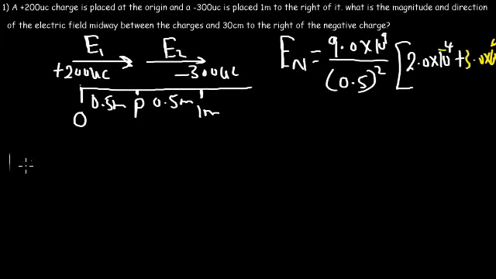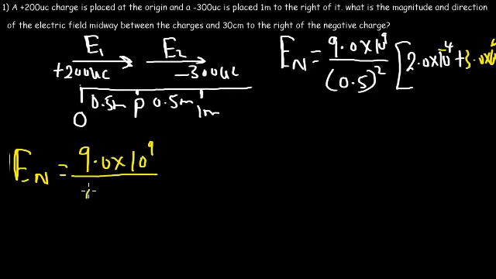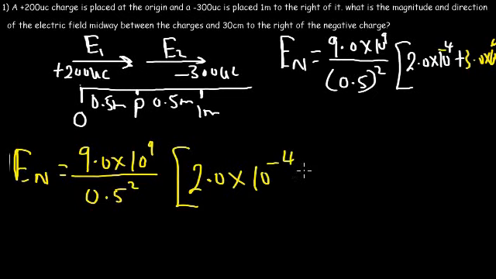So therefore, the net electric field is going to be equal to 9.0 times 10 to the power of 9, all divided by 0.5 squared, and multiplied by 2.0 times 10 to the power of negative 4, plus 3.0 times 10 to the power of negative 4.